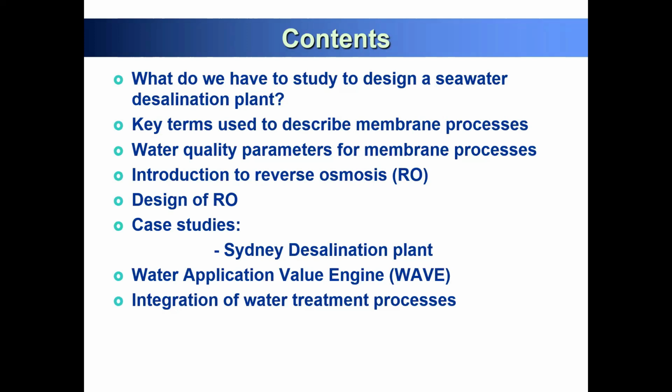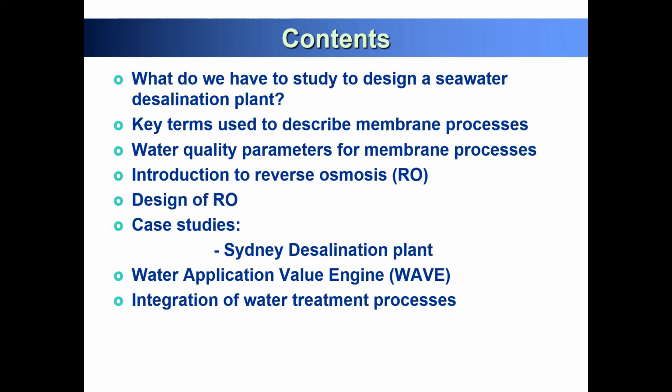Seawater quality is different from wastewater, drinking water, even groundwater and rainwater. Every water is different. So how can we identify the quality of seawater? This will impact our overall processes and seawater desalination plant design.